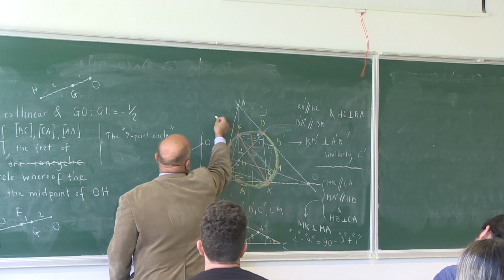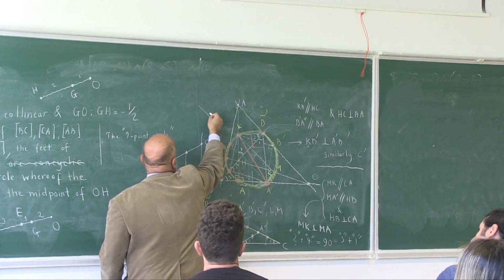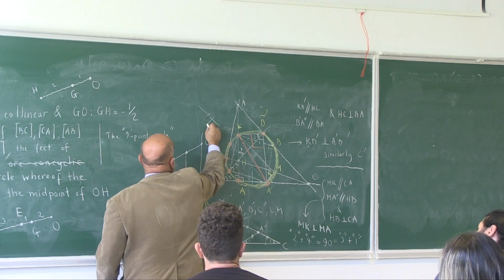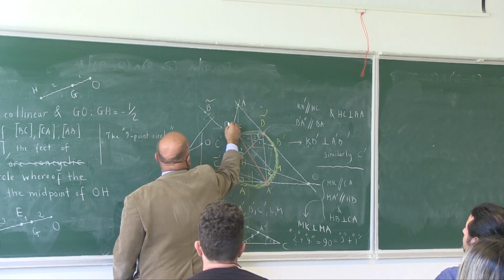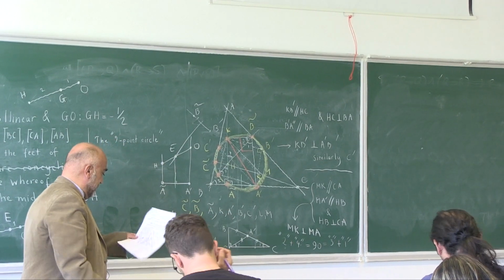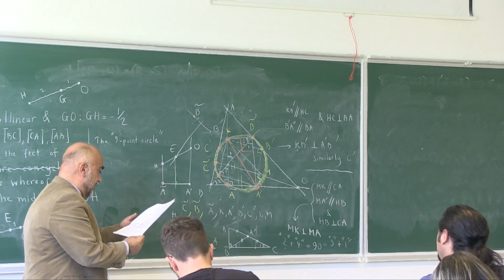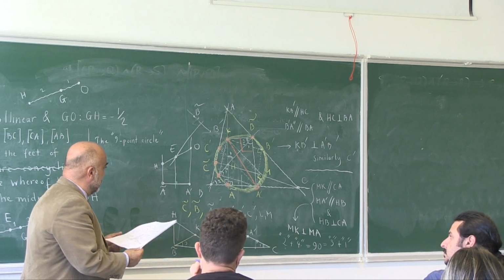So something like this must happen. B tilde, B prime. So this will be the exact midpoint. Okay, so there we are. That's rather nice.